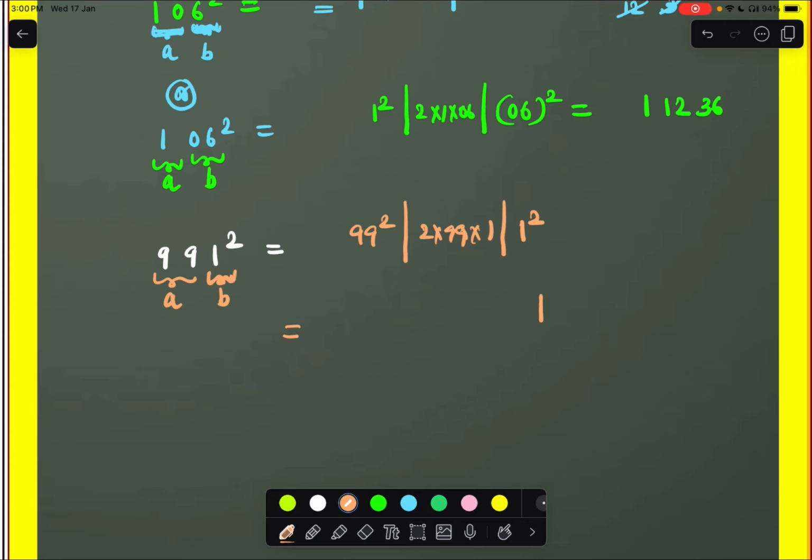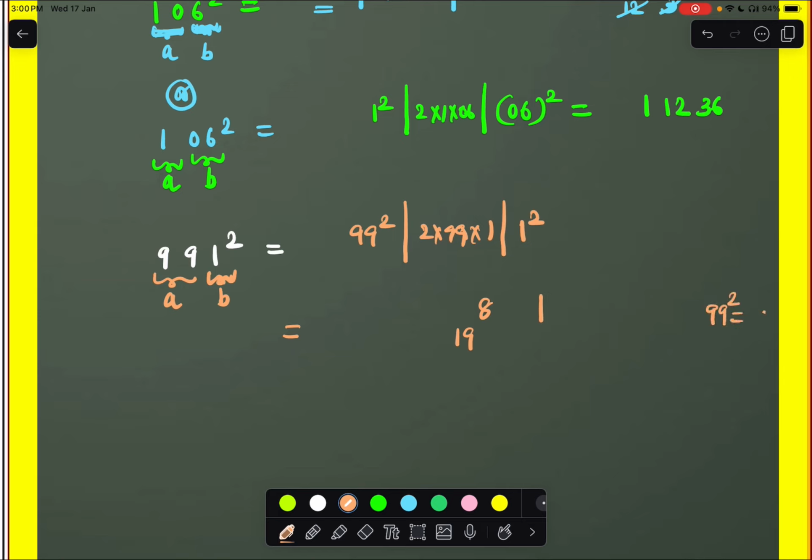If b is a single digit number, in every place we have to fill only one digit. So 2 into 99, how much will we get here? 198. So we write 8 here, 19 is a carry, and 99 square value we can find in the same method. 99 square equal to how much?